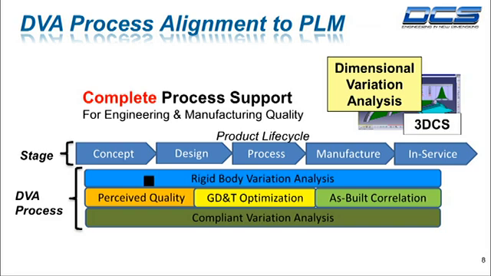The second element, and broadest and most widely understood and used, is the idea of GD&T, or geometric dimensioning and tolerancing optimization. GD&T is literally the specifications that define what the quality conditions are supposed to be. This is the engineering language of quality that communicates from the design intent to the manufacturing realized product.